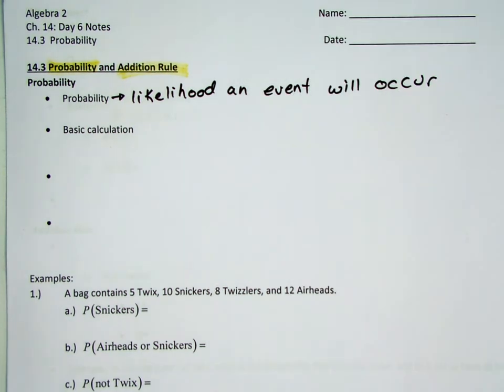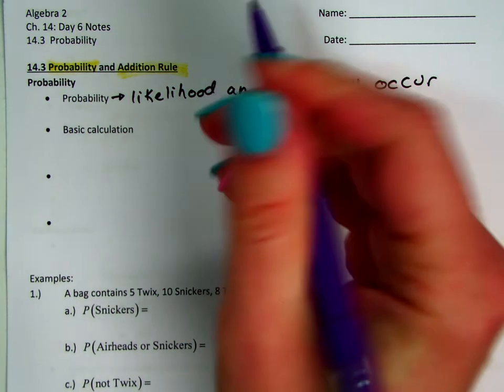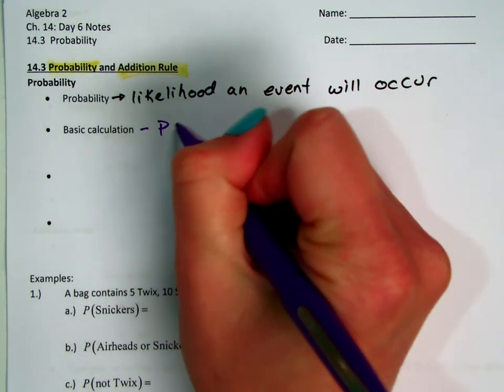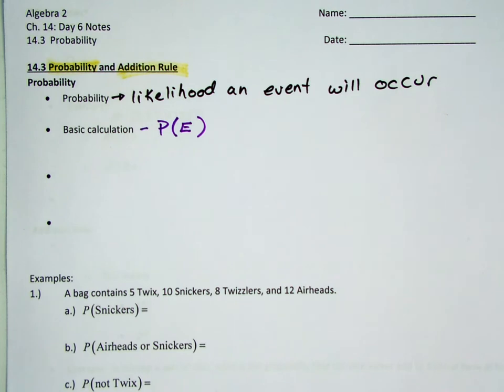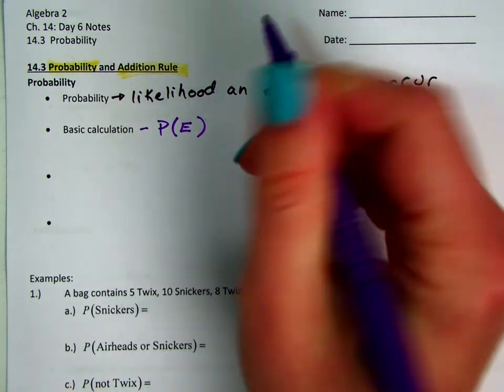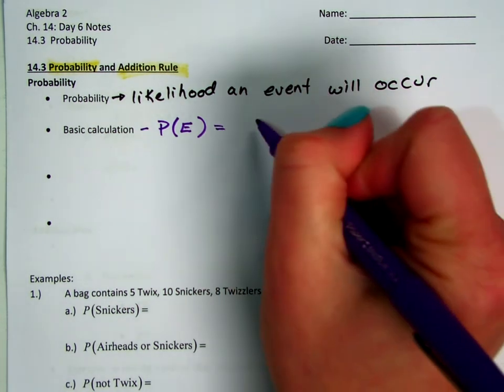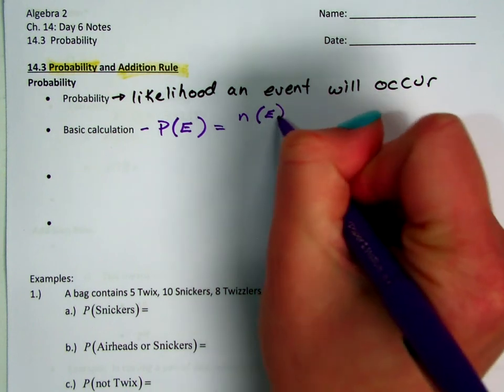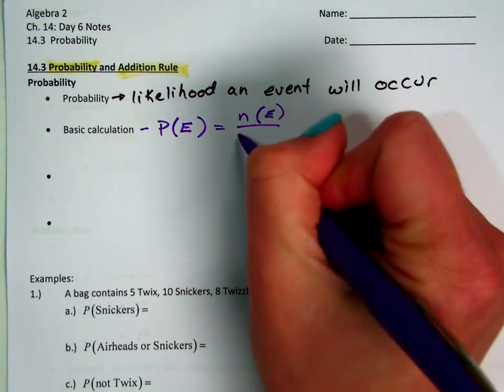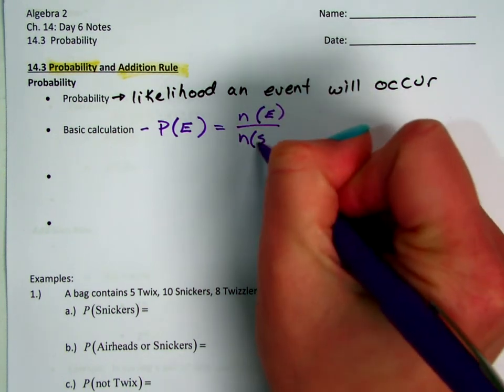The basic calculations you should have seen many times before. The idea is that the probability of the event, so I'll just put E, if it were tails, we'd say the probability of getting a tails when flipping a coin is equal to the number of events that you want over the total number possible.